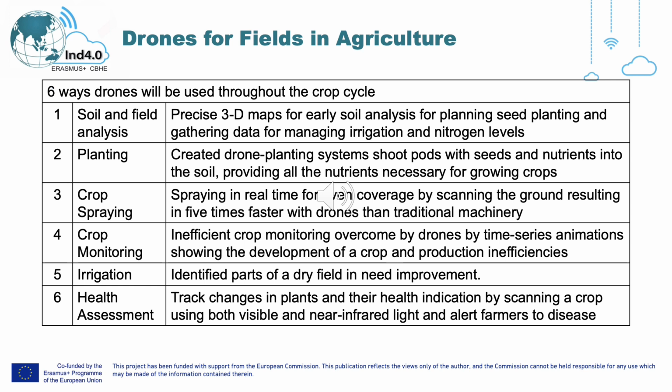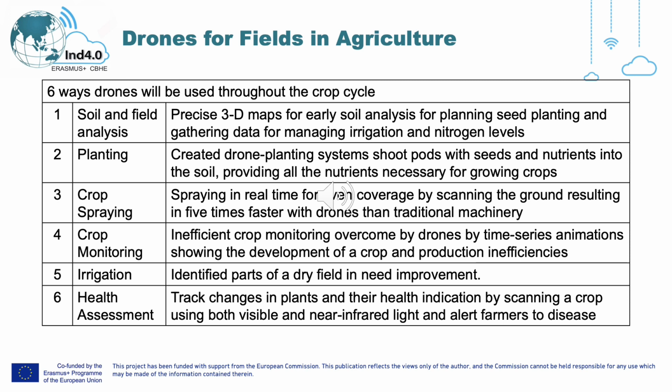Here are 6 ways that drones can be used throughout the crop cycle. Number 1, soil and field analysis. Producing precise 3D maps for early soil analysis. Drones can play a role in planning seed planting and gathering data for managing irrigation and nitrogen levels.